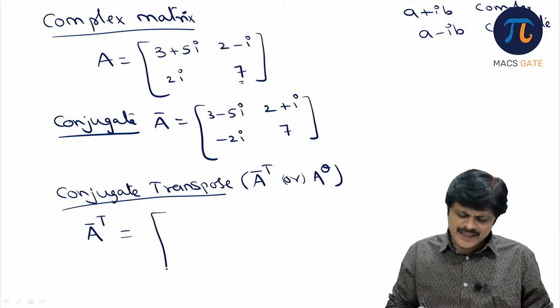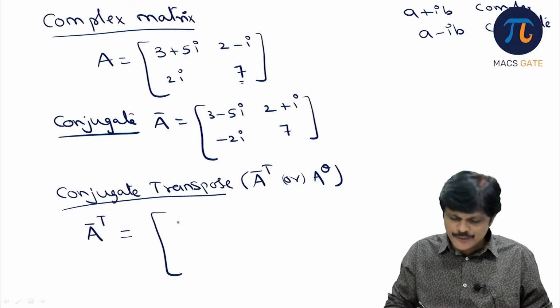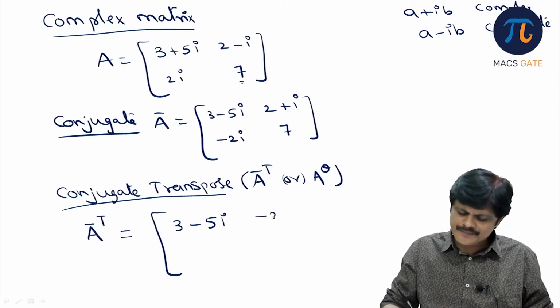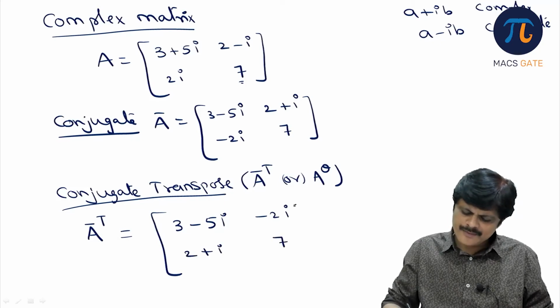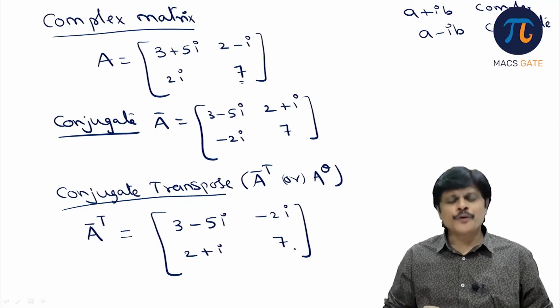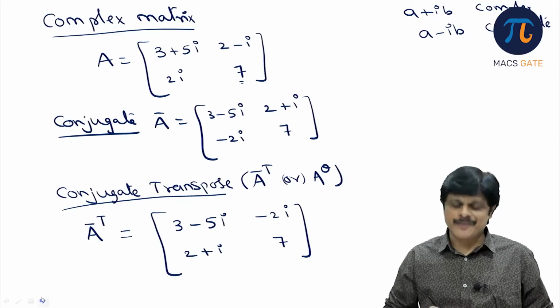Okay. See, after conjugate you have to transpose the matrix. Transpose, you all know it, right? Convert column to row.